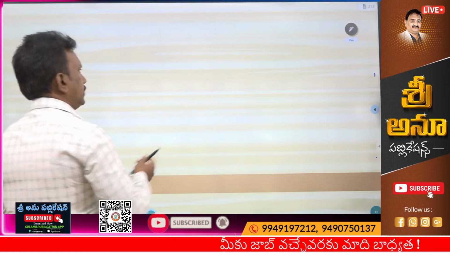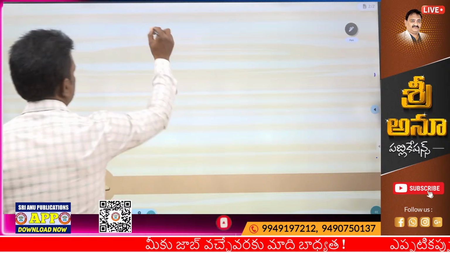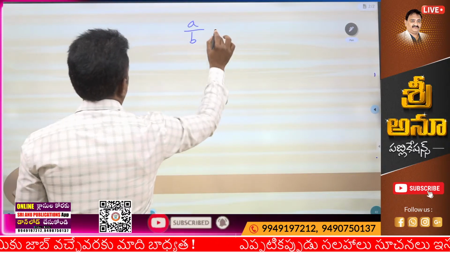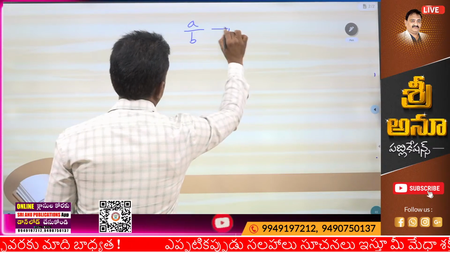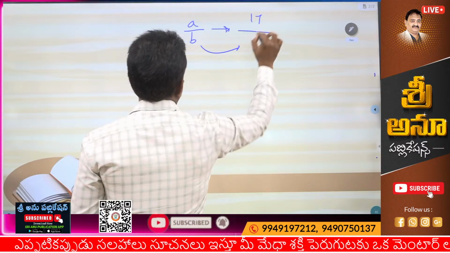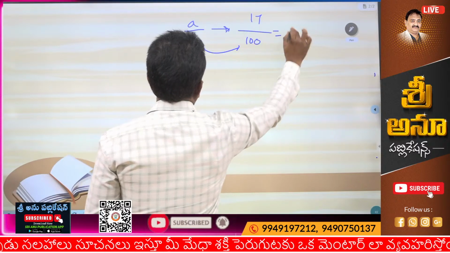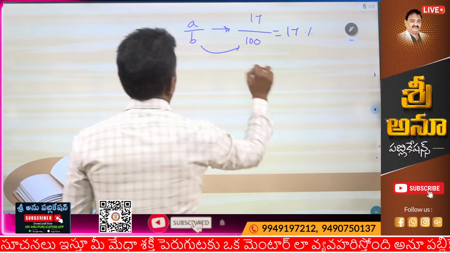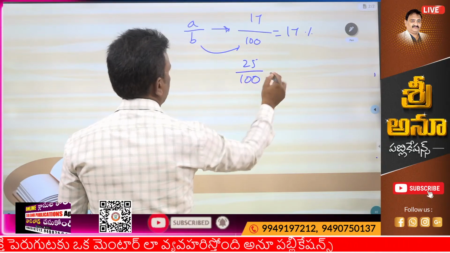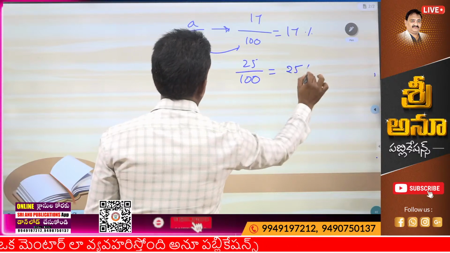And one more definition is there. Any fraction with denominator 100, like 17 by 100, is equal to 17%. Or 25 by 100: without writing the cancellation, it can be written as 25%.